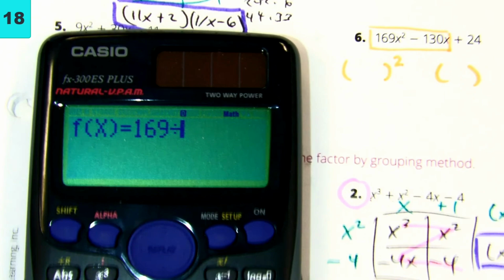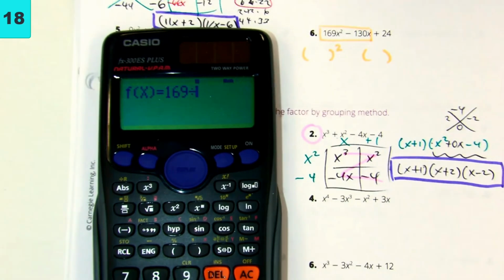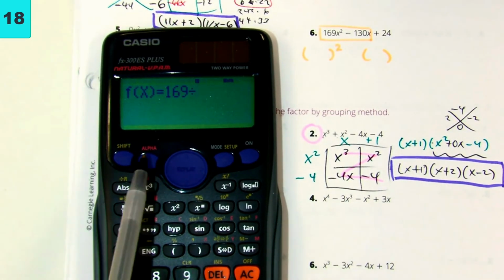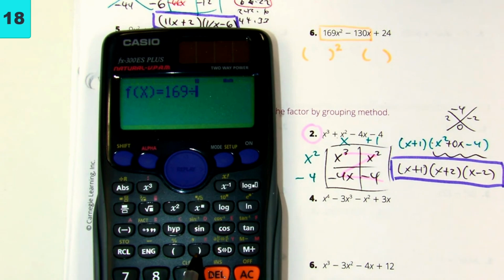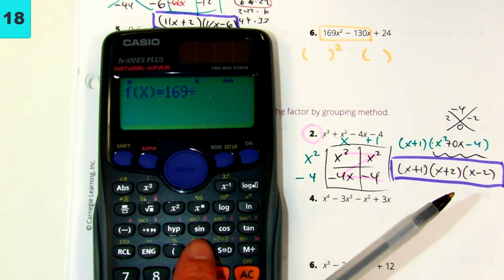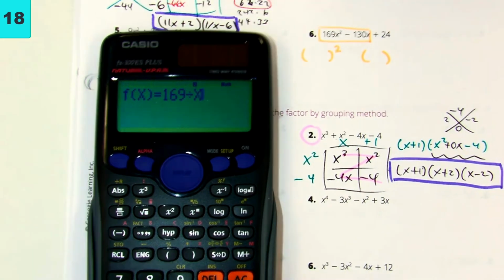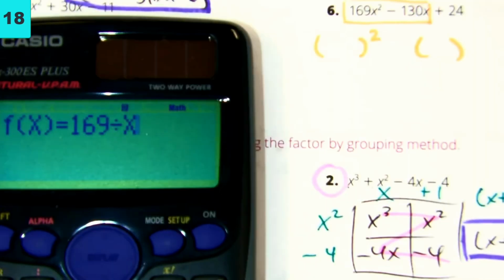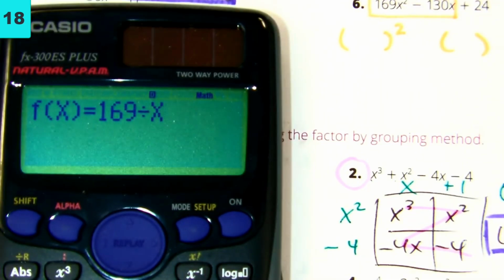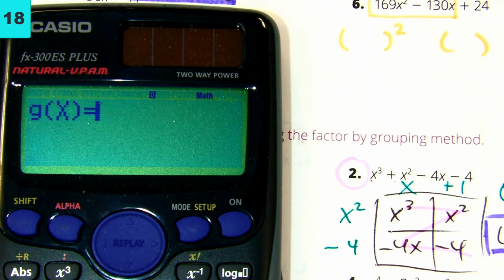And x of mine is in red, so that would be alpha, and then the closed parentheses. And then if I press equals, I don't need g of x, you press equals again. And it tells me where do I want to start, I'll say 1. And where do I want to end, I'm going to do 15.